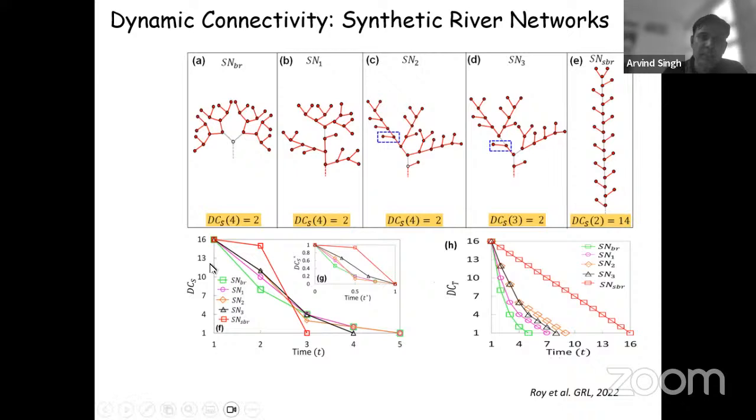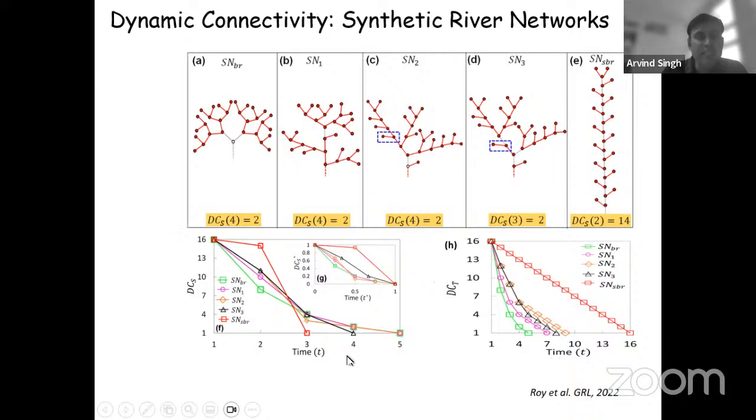In the case of DCS, the network which exhibits the most side branching connects fastest, whereas the network which shows the most branching type of structure takes longer.